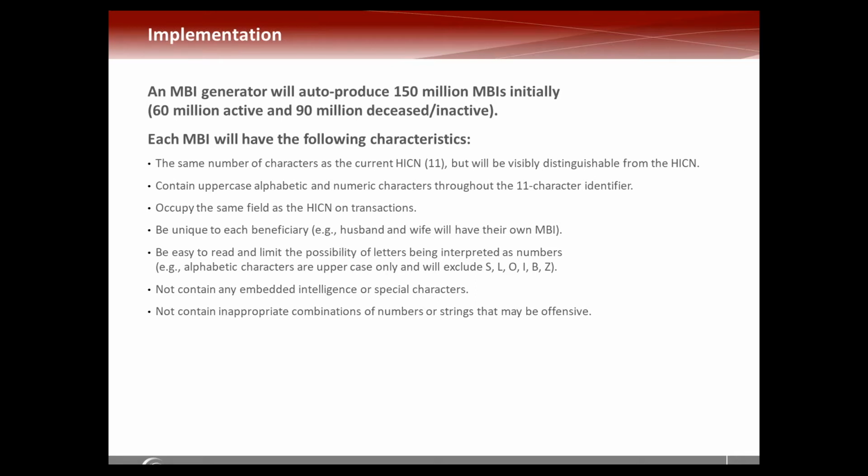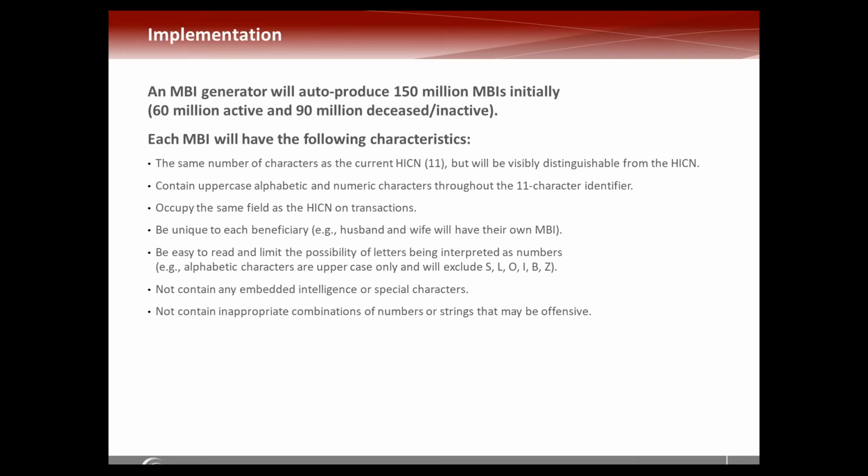The MBI will also contain uppercase alphabetic and numeric characters throughout the 11-character identifier. Again, it's hard to make a mistake between the two ID numbers. The MBI will also occupy the same field as the HICN on transactions.